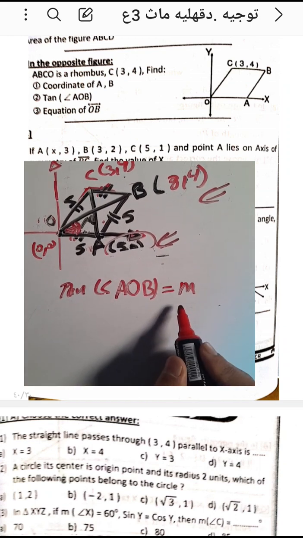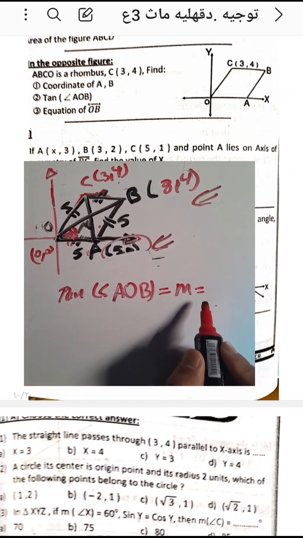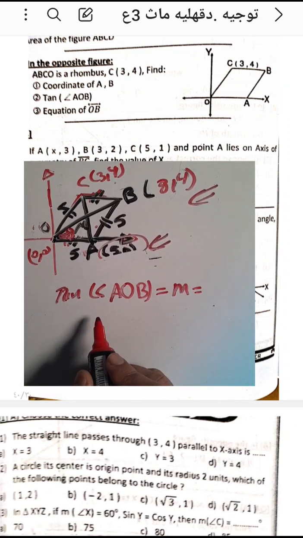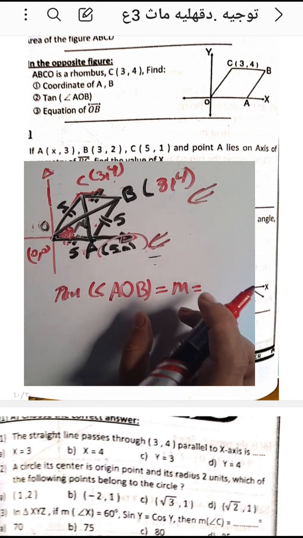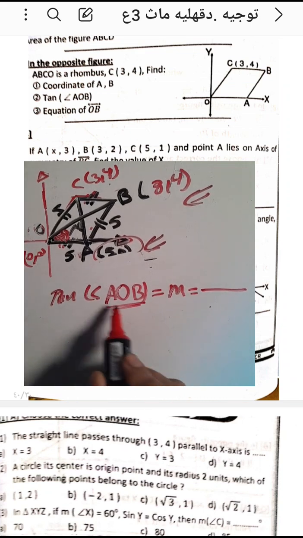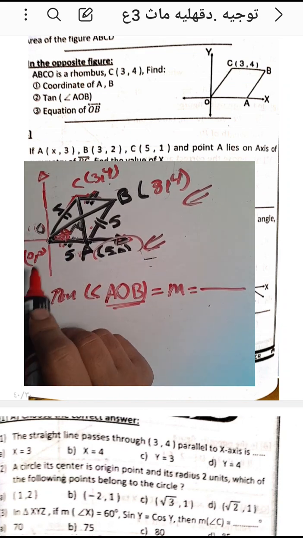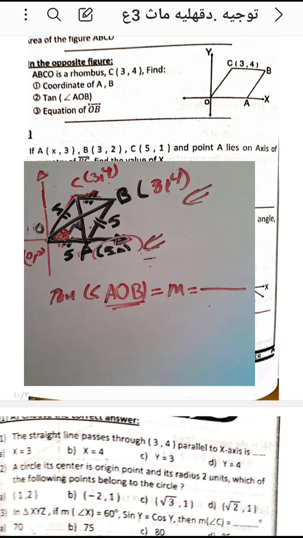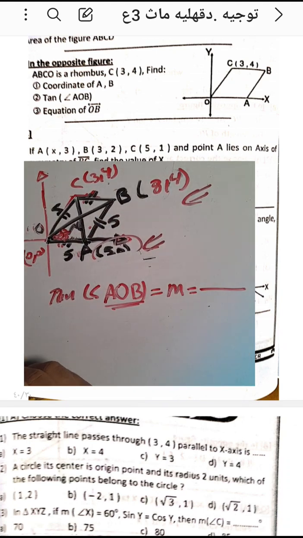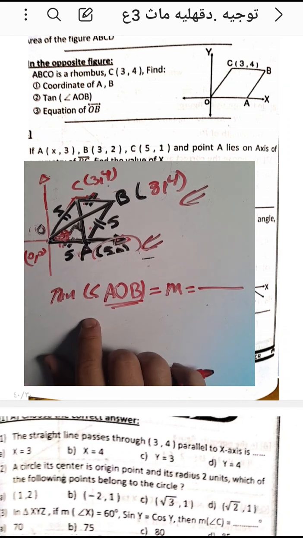The slope of this angle, it will be tan theta. It means the slope between O and P, because we want to find tan of angle AOP, it will be the slope of the straight line. Tan theta means the slope.